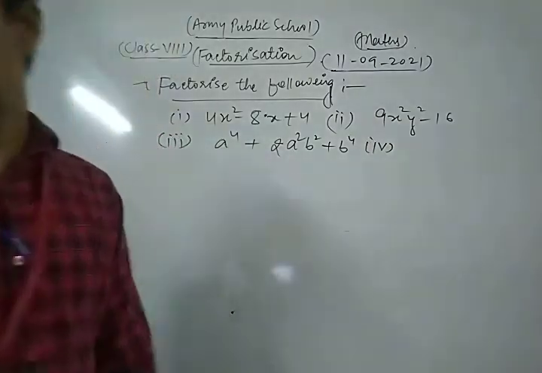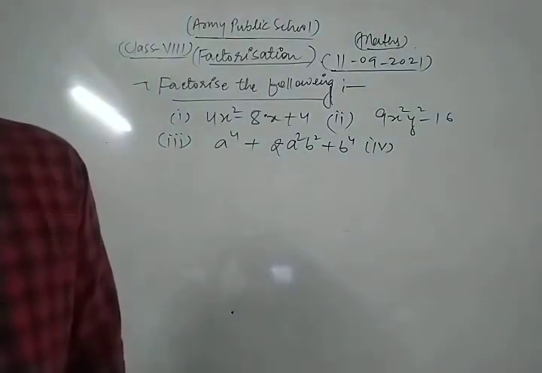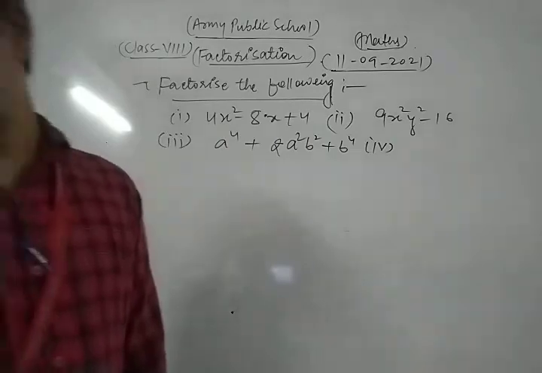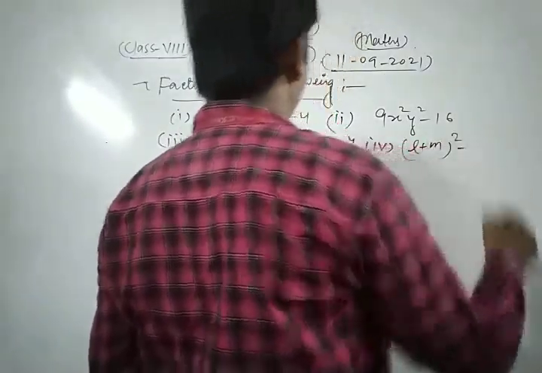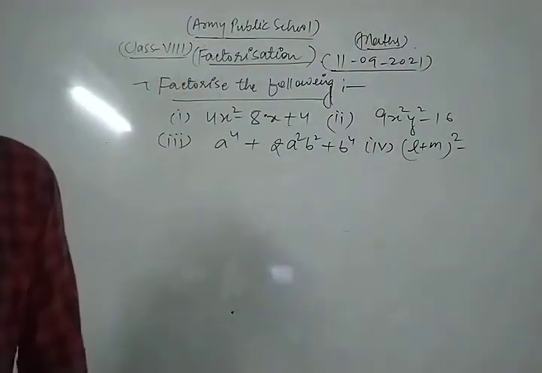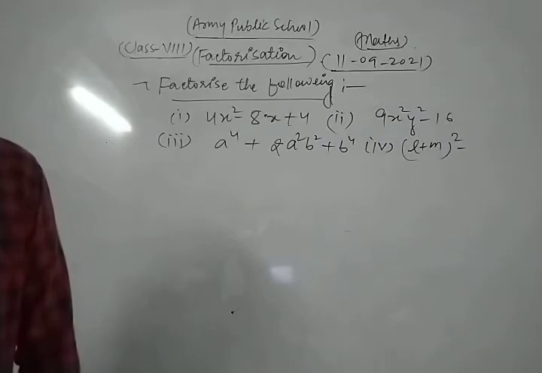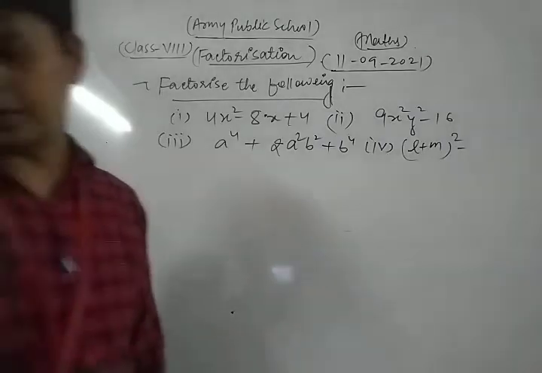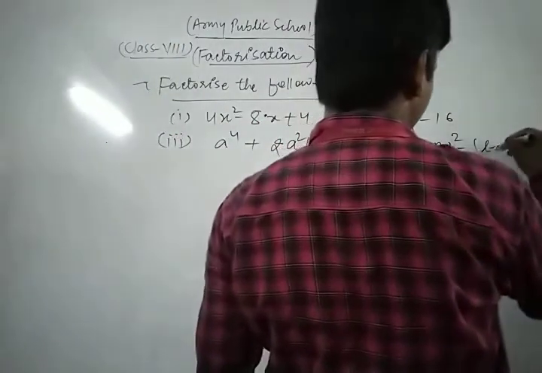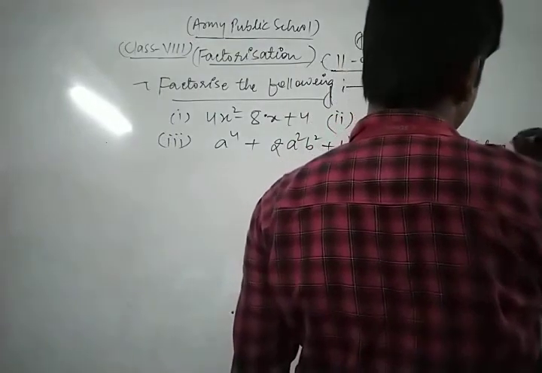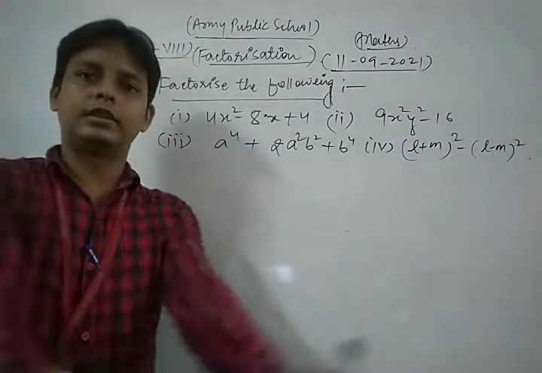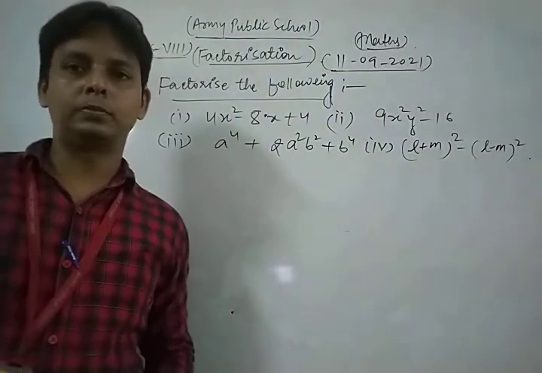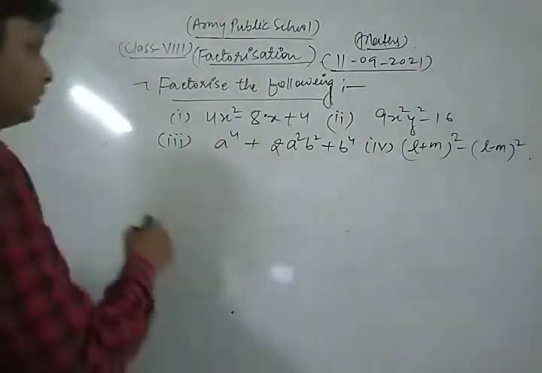And we take one more part of this question, which is (l plus m) whole square minus (l minus m) whole square. Okay. So dear friends, these are the very important questions. Now let's get the solution one by one.